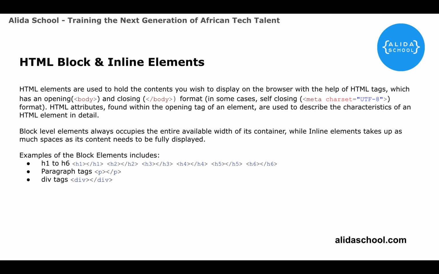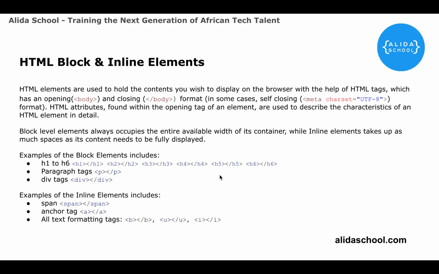For instance, you have the h1 to h6, you have the paragraph tags, you also have the div tags. These are not limited to these three examples. Examples of the inline element include the span, the anchor tag, which is used for hyperreferencing, and all the text formatting tags. And again, they are not limited to just these three examples.